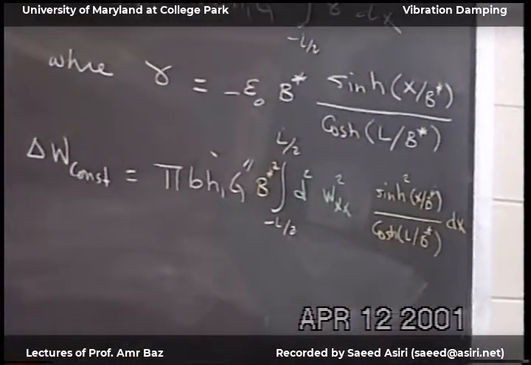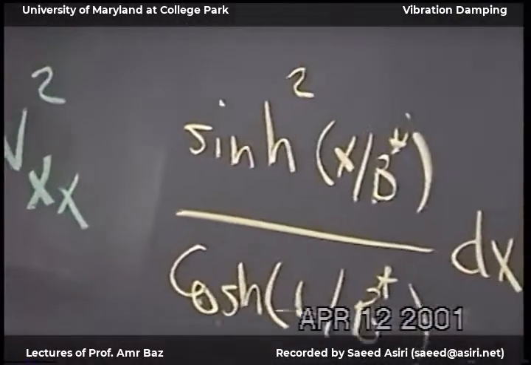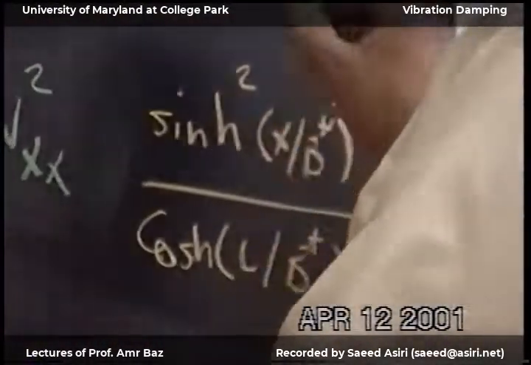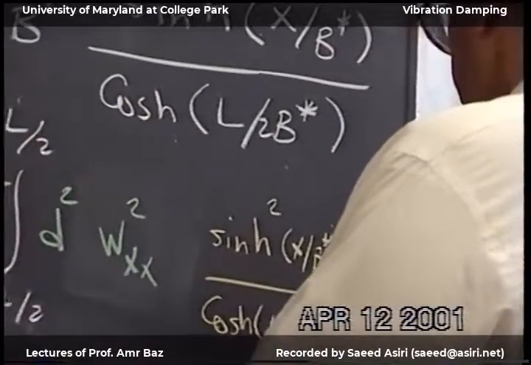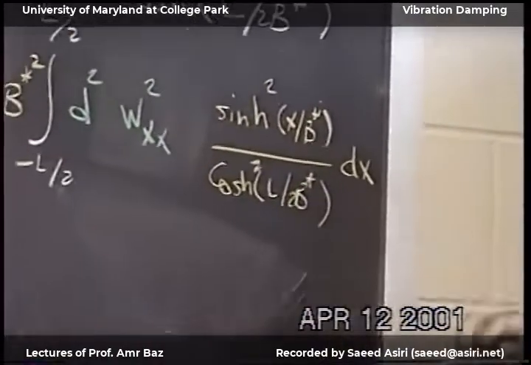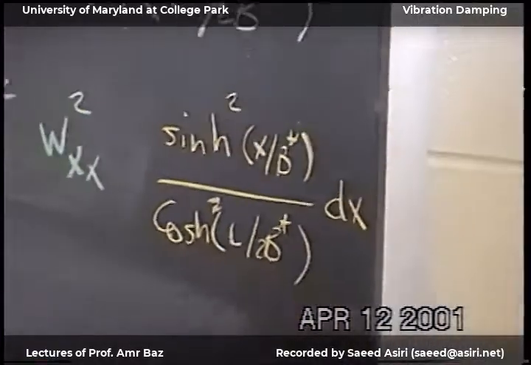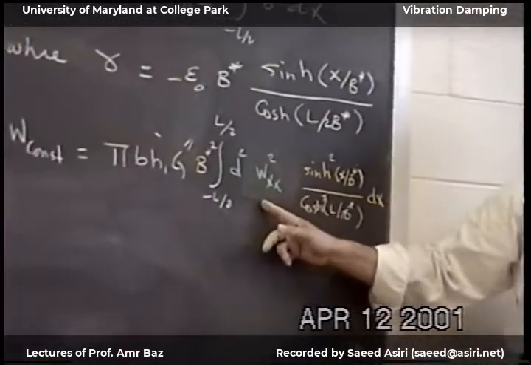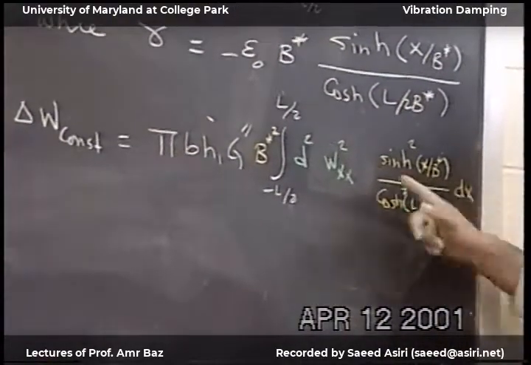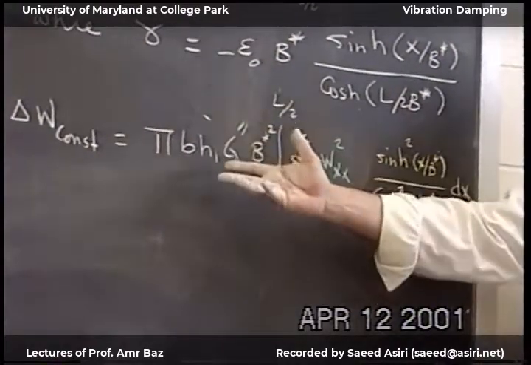Now for example, if I want to calculate the loss factor, I think that should be hyperbolic cosine squared L over 2b. Okay, now for example, if I want to get the energy loss at the first mode of vibration of this beam, then I take the curvature corresponding to the first mode as a function of x, integrate, get the energy loss, and then we can put it in the normal dimensionless form as we've done before.